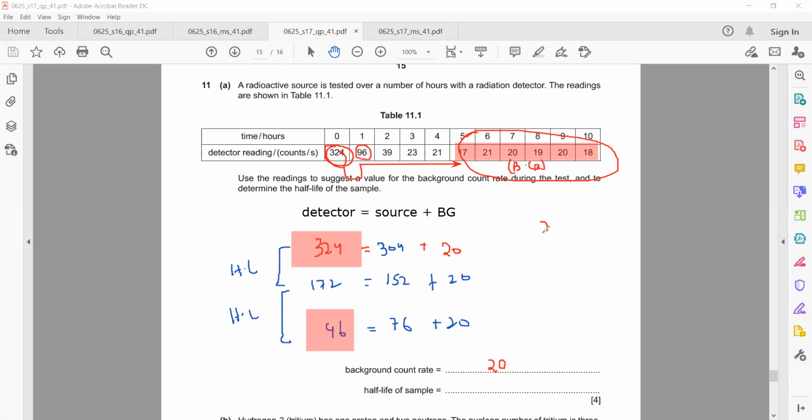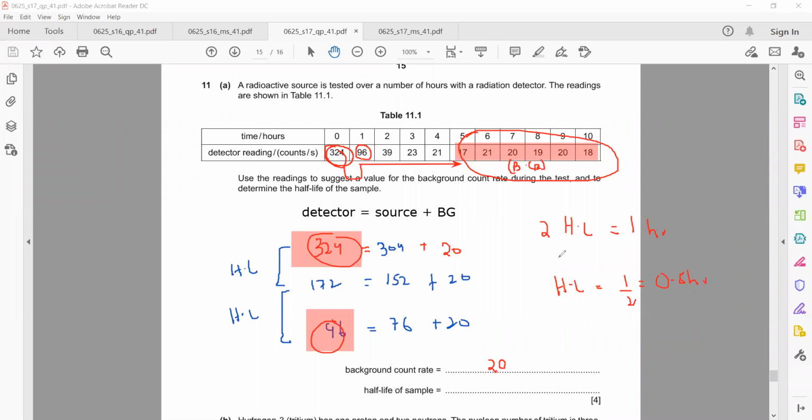It means two half-lives, because these are two half-lives. So two half-lives are taking how much time? Changing from 324 to 96, two half-lives are taking 1 hour. So one half-life is equal to 1 divided by 2, which is half an hour or 30 minutes.